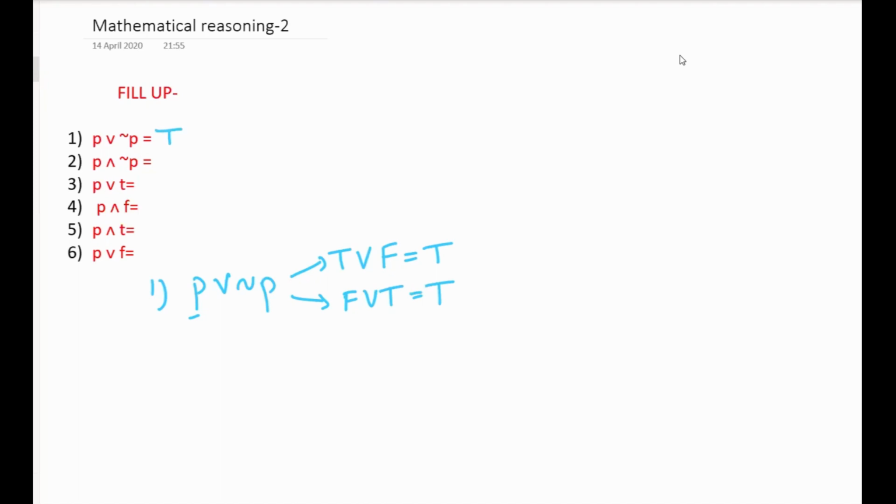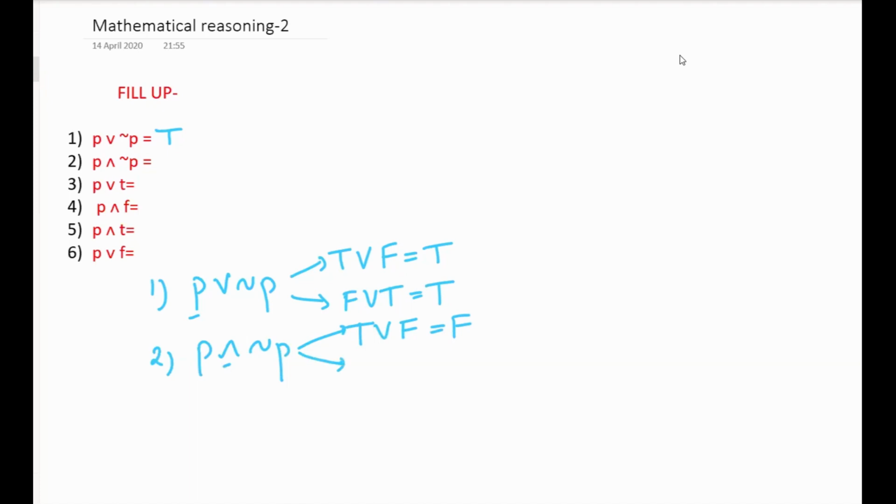Now for the second blank, again I have two cases, and the first case is when I take P true, then its negation will be false, then true intersection false is false because in conjunction, in intersection, false dominates. If one of the statements is false, then my answer is false.